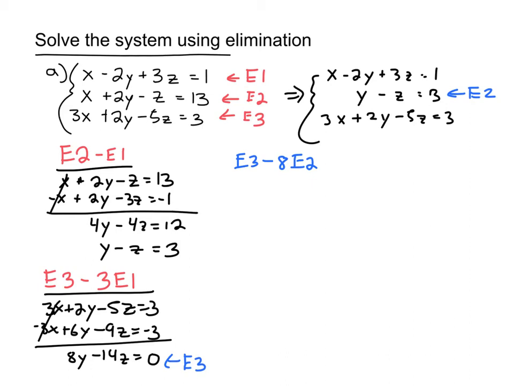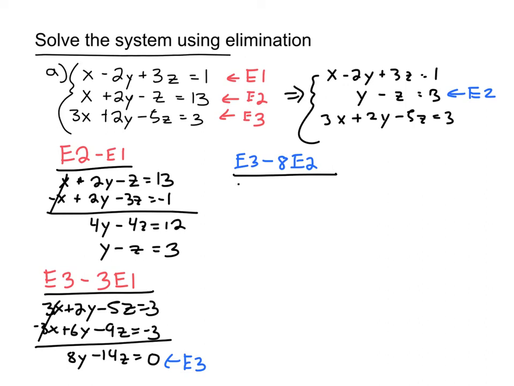That should work because we have 8y here, and then there's just a plain y here. So if I do negative 8 times it, then these will cancel.